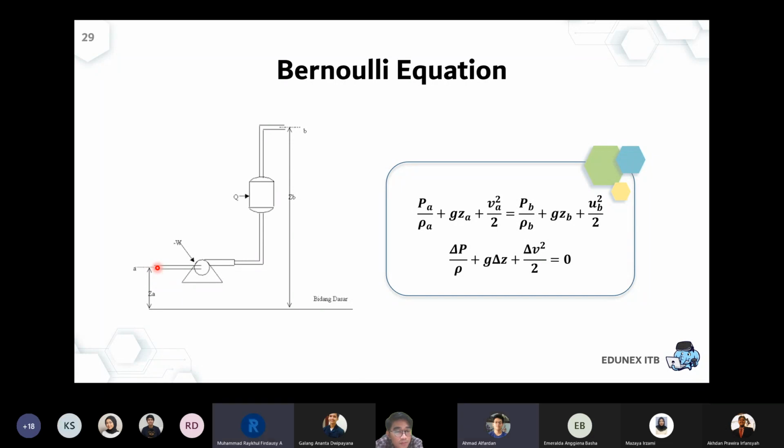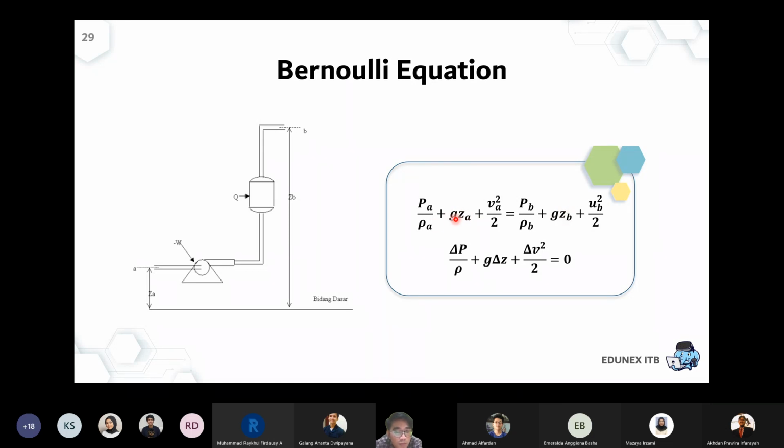Is it the potential? Yes, the most obvious one is the potential energy, because the potential energy between point A and point B will not be similar, since ZA is lower than ZB. So there will be a change in potential energy from point A to point B.